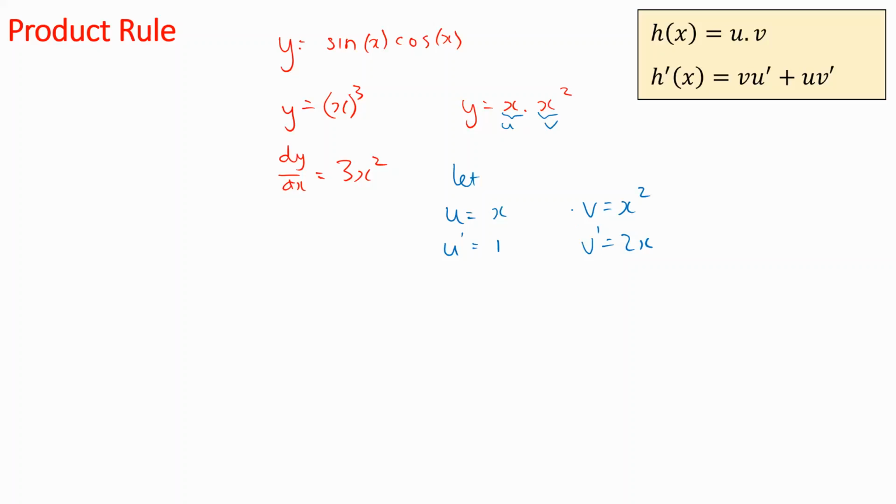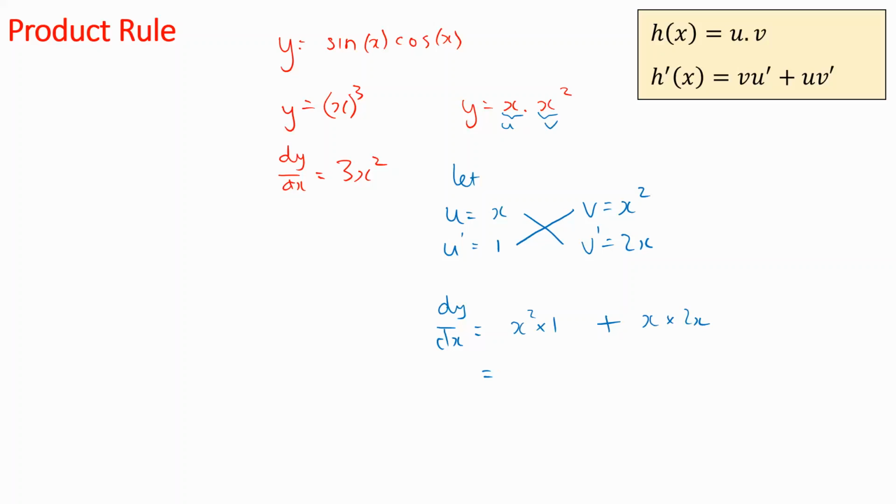V, which is x squared, times u dash, which is 1. So dy/dx should equal x squared times 1 plus uv dash, which is x times 2x.